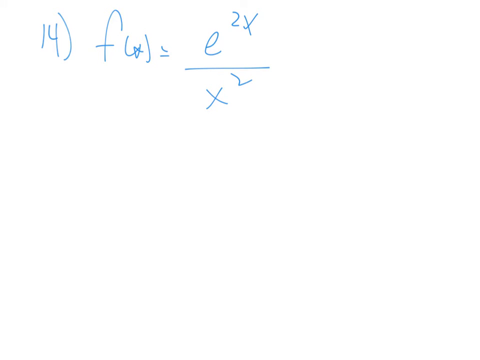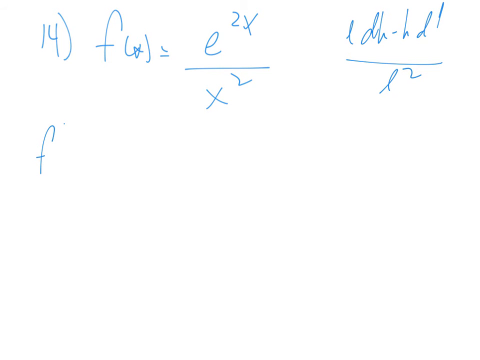Okay, I'm going to skip to number 14 now. You have a quotient. Remember, the quotient rule is low d high minus high d low over low squared, and you have an e to the 2x. E to the 2x, remember that's e to the u prime, that derivative.